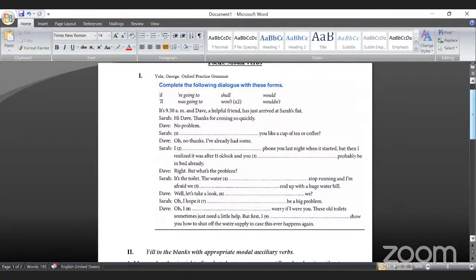Just read the whole conversation once and then see how you can fill it up. Take one or two minutes, read it, and then we'll discuss.